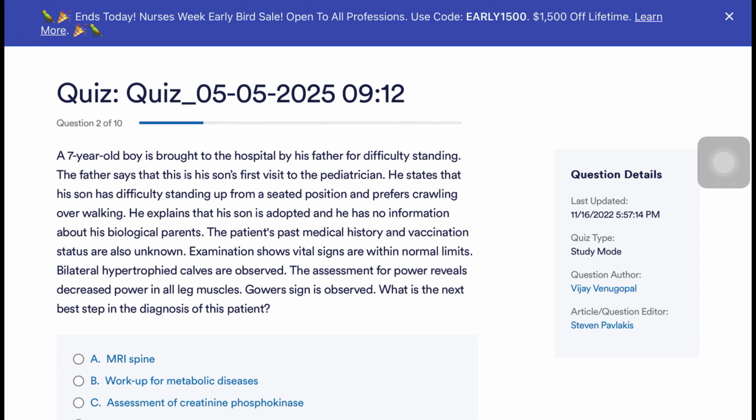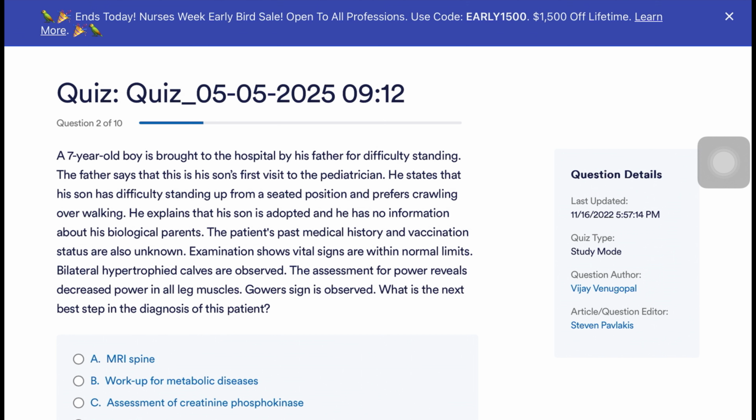He explains that his son is adopted and he has no information about his biological parents. So there's some genetic thing that we need to question here. The patient's past medical history and vaccination status are also unknown. Exams show vital signs are within normal limits. That's good. Bilateral hypertrophied calves are observed.